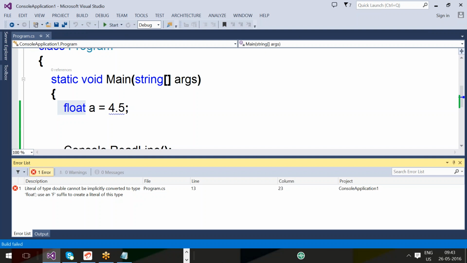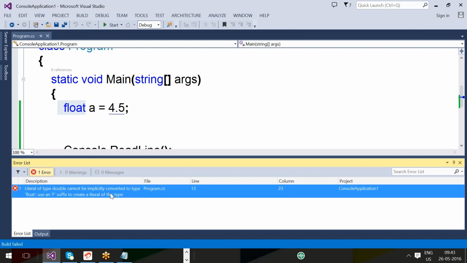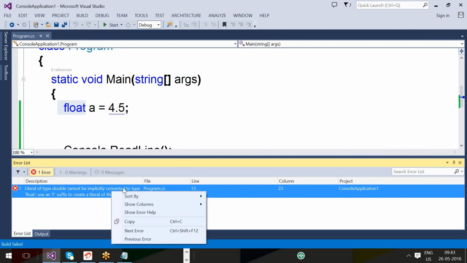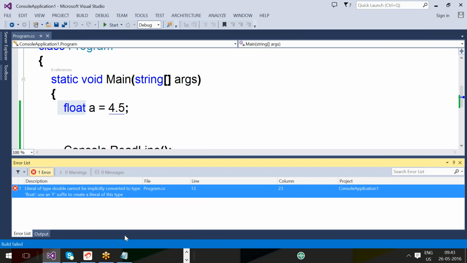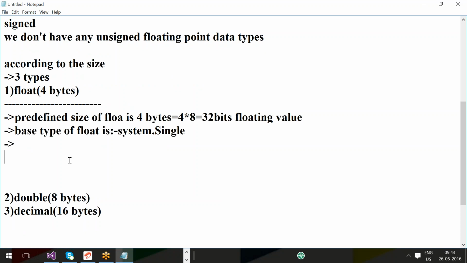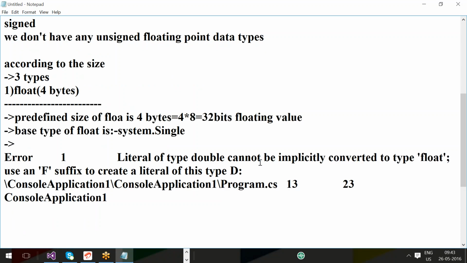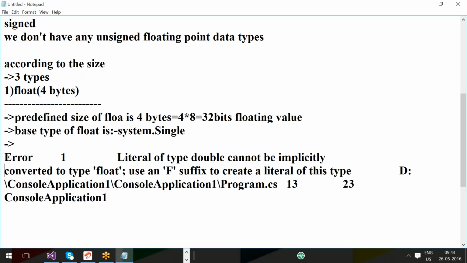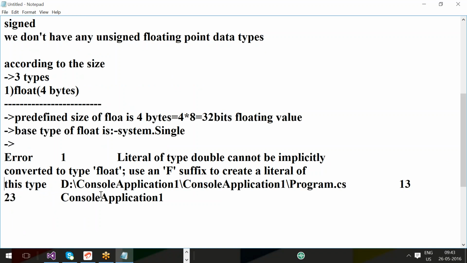But actually, as a programmer, we should do friendship with errors. Copy and paste into notepad and read the error message. Read the error message like a love letter.